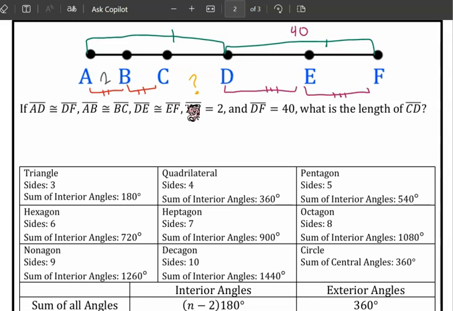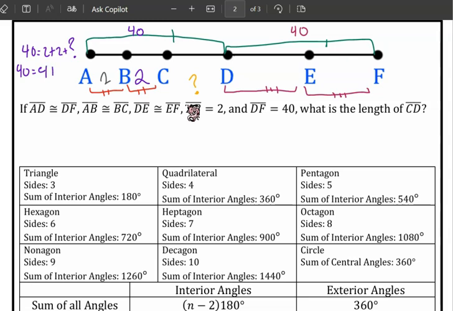So once we have labeled the congruences, we can start filling in some blanks. Since we know that AB is the same thing as BC, we can also fill in a 2 right here. Since we know that DF is the same thing as AD, we could fill in 40 right here. 40 is going to equal 2 plus 2 plus something.